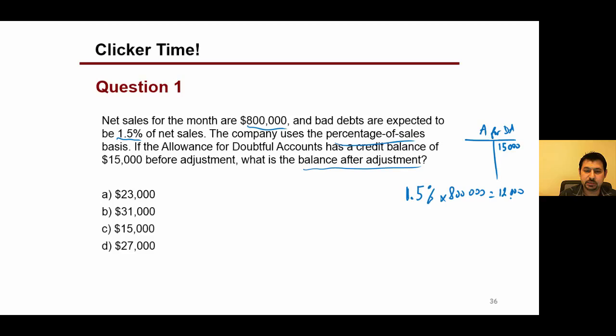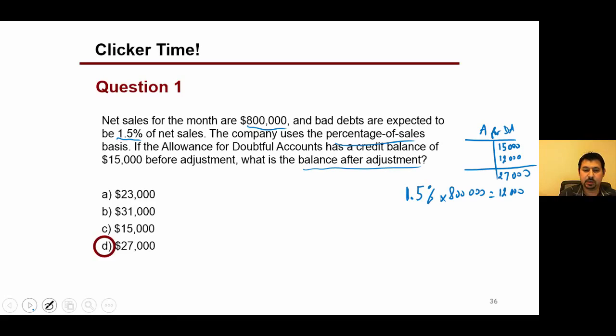So the adjustment is 12,000 credit, and the ending balance will be 27,000. So the correct answer is D.